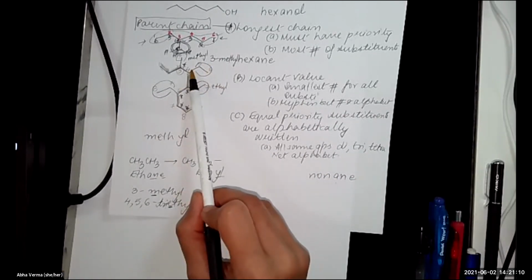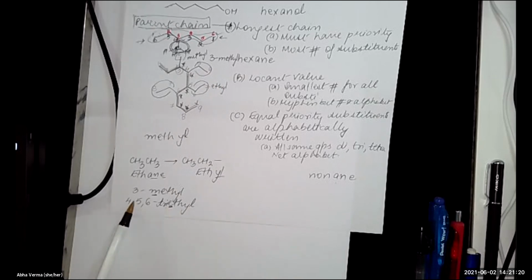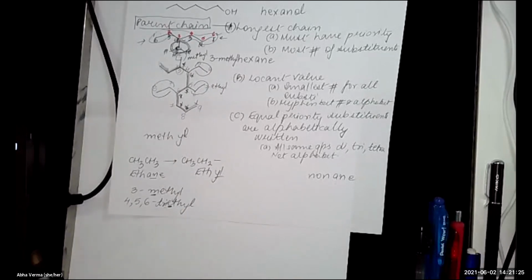So wherever your locations of substituents are, you have to make sure that you write the number that many times and you tell how many of those substituents are right there. Then you have to make sure that you write all your substituents alphabetically.